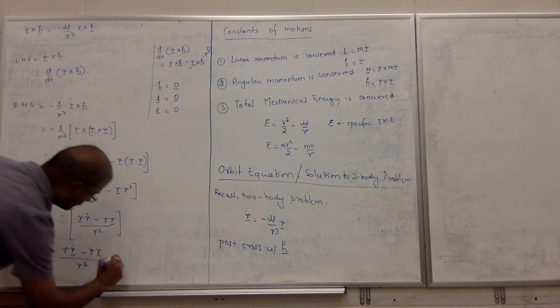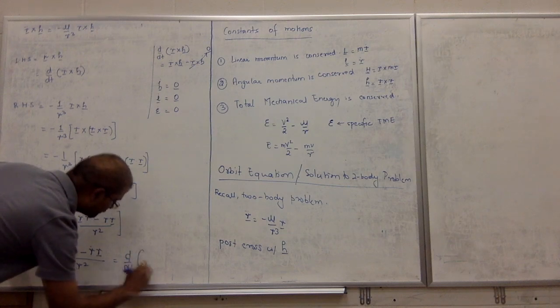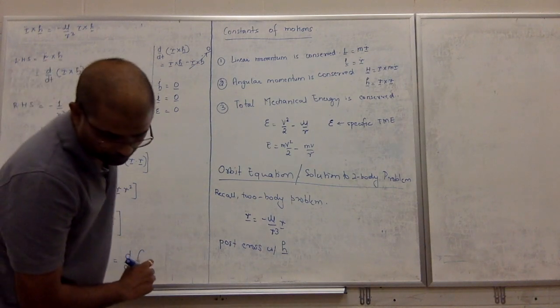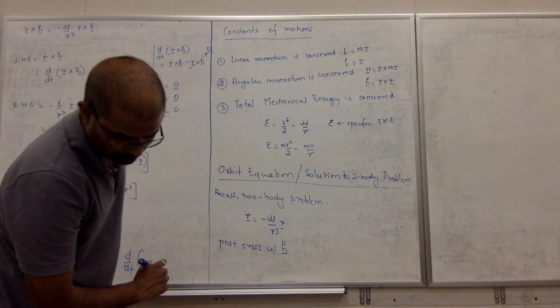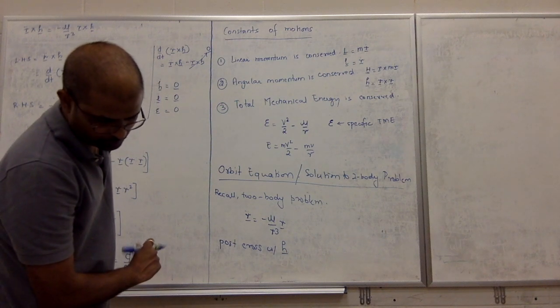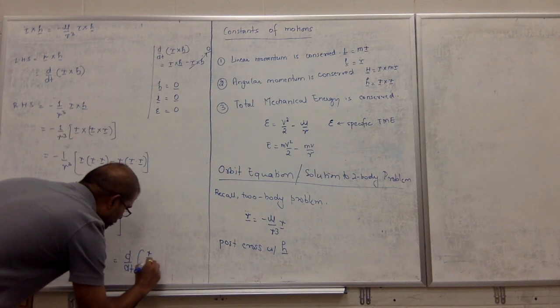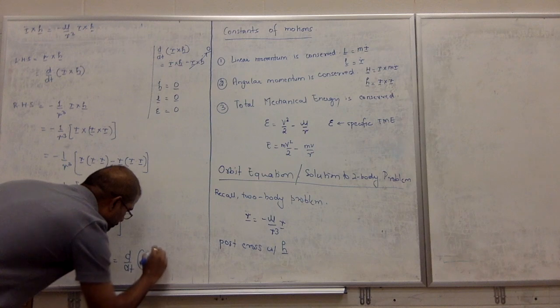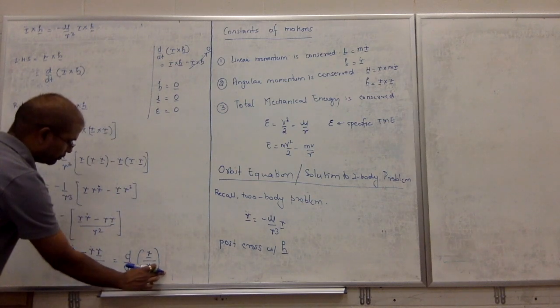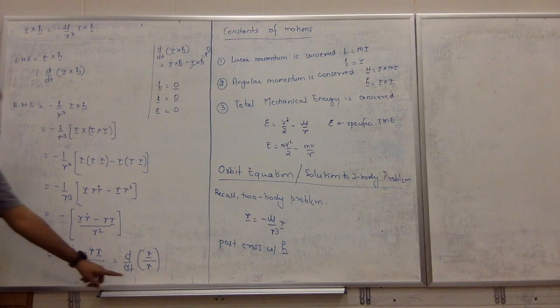And this can be written as d over dt of r over r. Do you agree with this?